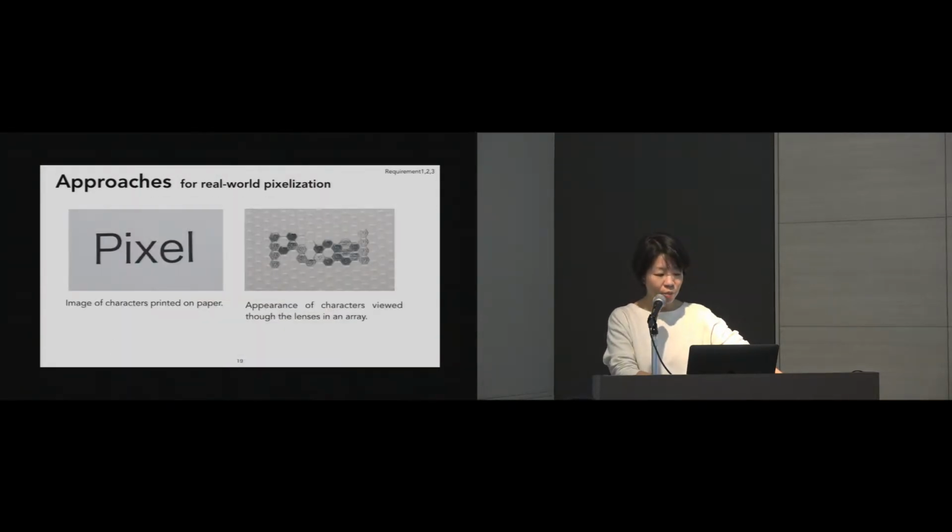By arranging numerous small lenses made of transparent resin and combining the magnifying effect of each one, we can make a clear image, as shown in the figure on the left, appear pixelized, as shown in the figure on the right. We can easily create a lens array by using 3D printing of transparent resin.